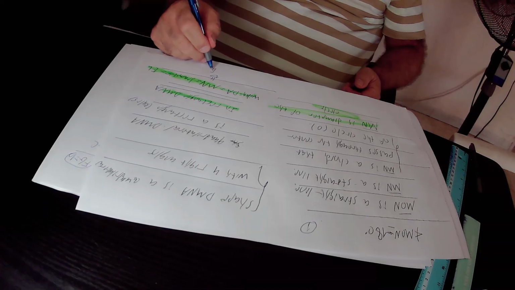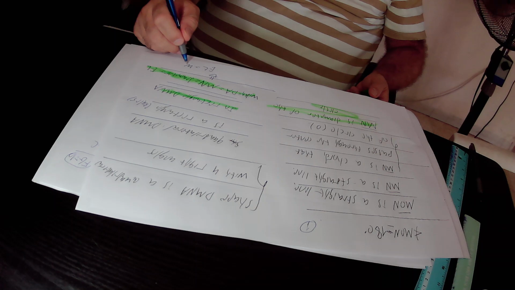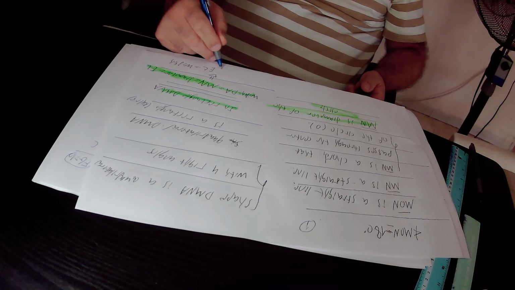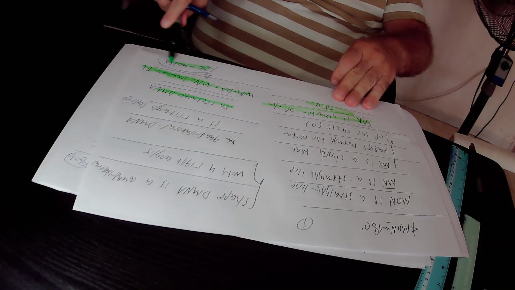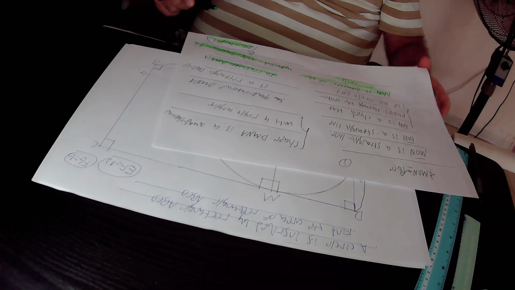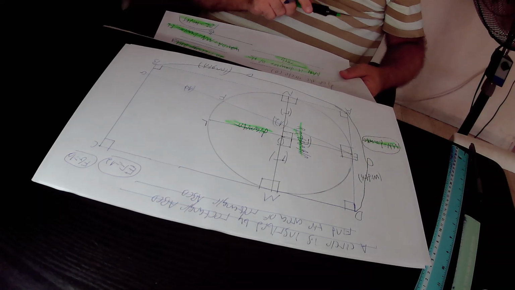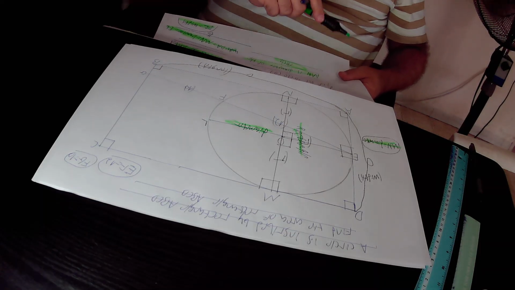Okay, EL is also the width of rectangle ABCD. EL is actually the diameter of the circle, and it is also the width of rectangle ABCD.